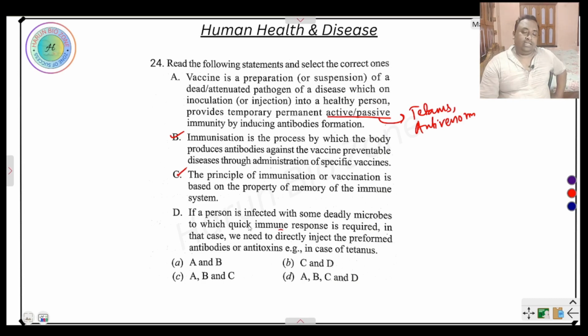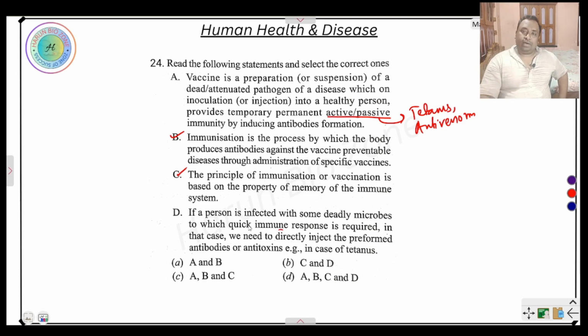Like in the case of snake venom, it is collected and injected into the horse's blood circulatory system. The horse's blood circulatory system identifies this as a foreign substance and produces a huge amount of antibodies and memory cells.